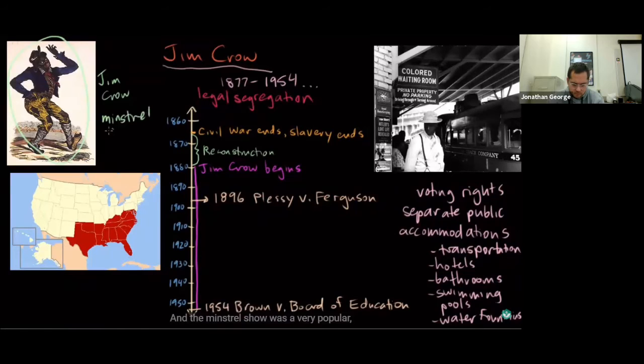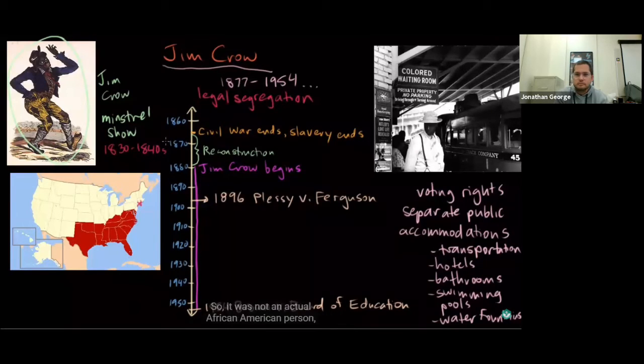The minstrel show was a very popular kind of vaudeville-type live performance. And it was actually very popular in the north of the United States, places like New York City, in the 1830s and 1840s, this antebellum period before the Civil War. So this character of Jim Crow was supposed to be the stupid slave who lived on the plantation. And this character was almost always played by a white man wearing black makeup on his face.